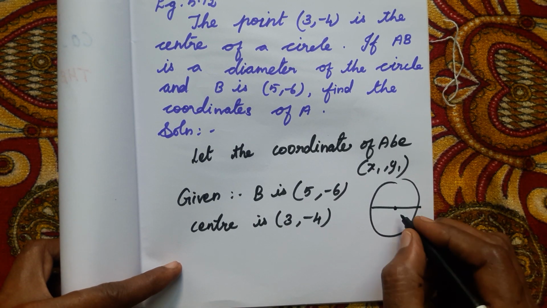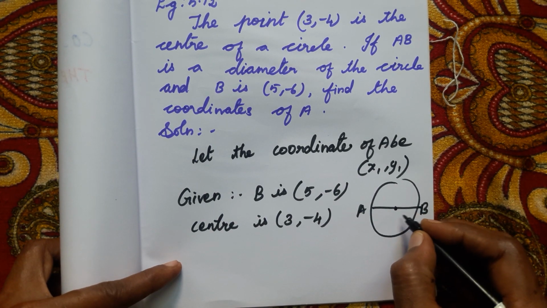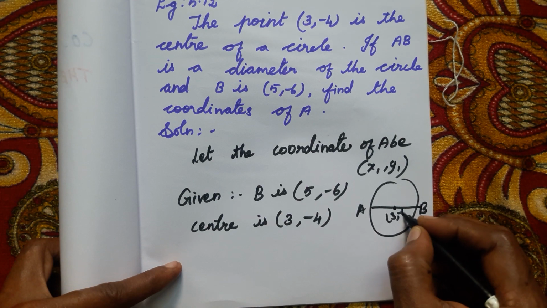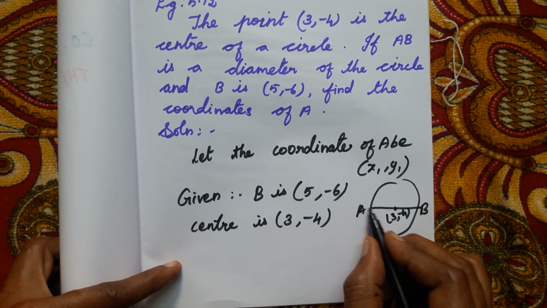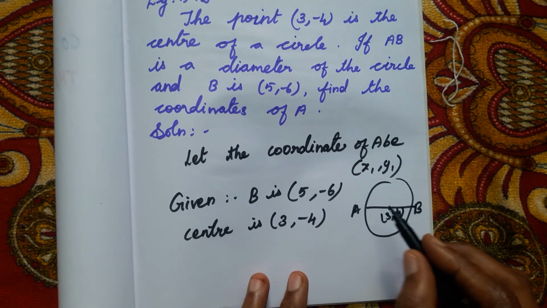Next, the center is the point between A and B. The center is given as (3, minus 4). So we know that the center is the midpoint of AB.